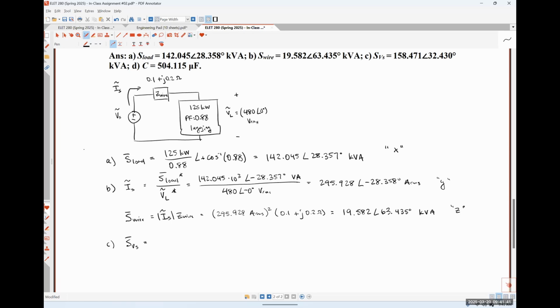So I'm trying to find the complex power supplied by my source, and I know the power absorbed by my transmission lines, and I know the power absorbed by my load. So how would I use that information to calculate the complex power supplied by my source? Add them together. Absolutely right. So S VS is just going to be S wire plus S load. Power in equals power out.